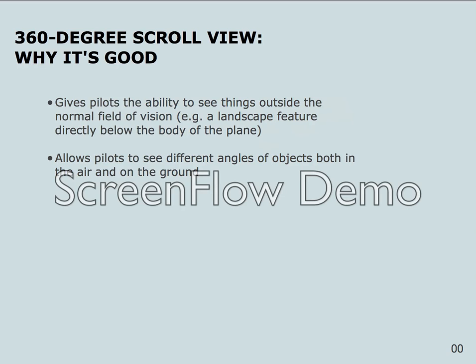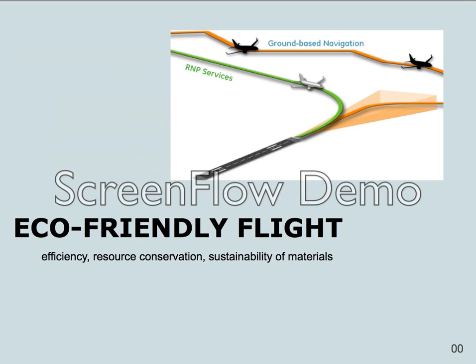And a really important aspect of our design is the eco-friendly aspect, which is, of course, very critical in the modern day. When you're designing anything, you want to design it efficient, sustainable, resource conservative, which is good both for the company and for the world.